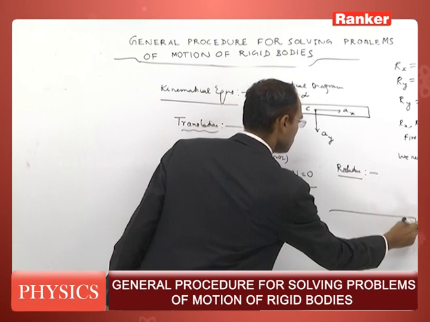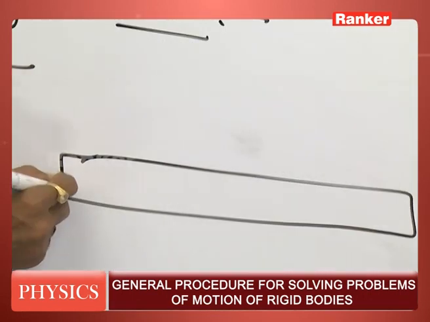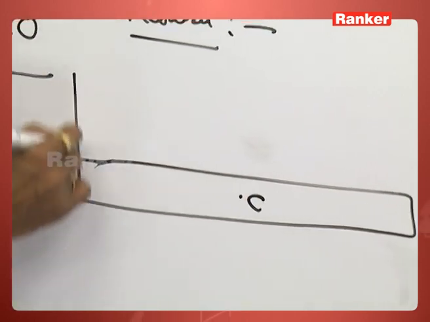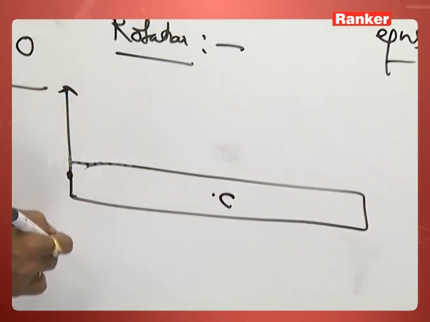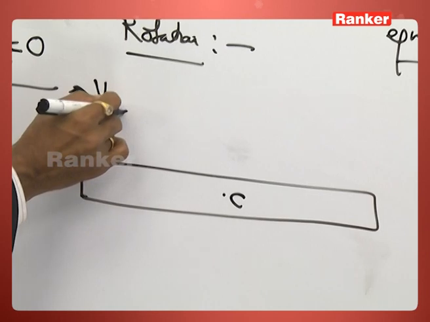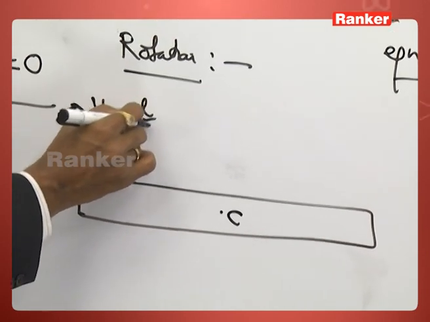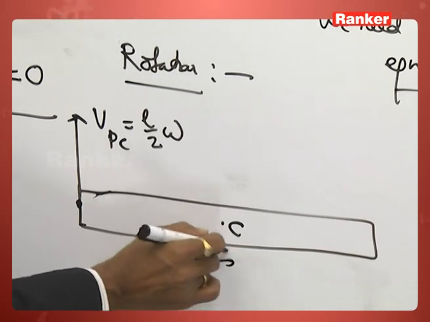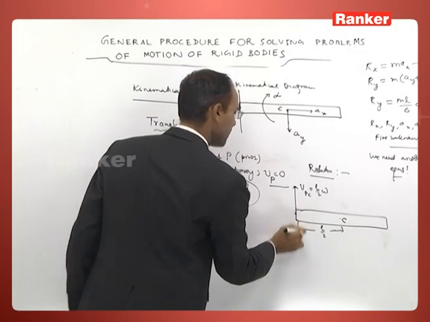In this diagram, we can show that with respect to center of mass, the point P moves in this direction, that is VPC. That's equal to L by 2 into omega, as you discussed in kinematics of rigid body.